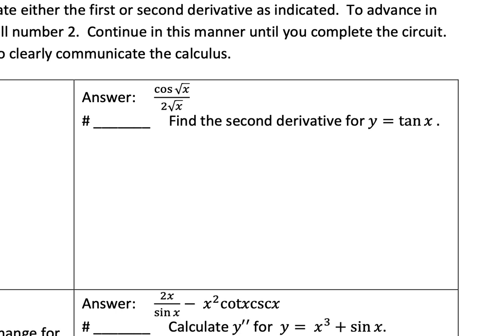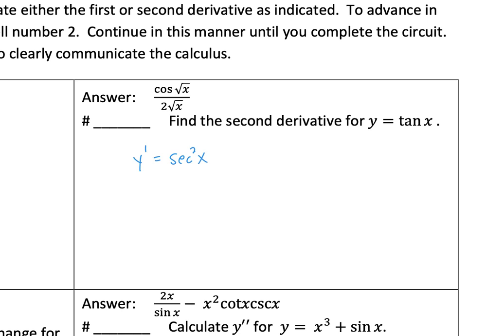Okay, so next one. No chain rule for this one, since it's just tan of x. This is a mix of product, quotient, and tan. So the first one, just take the derivative of tan. The derivative of tan is secant squared.